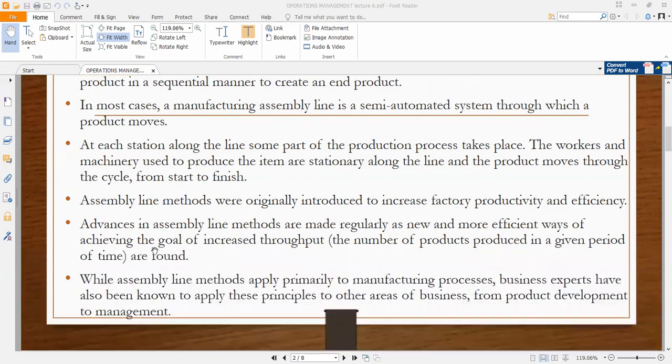Now, assembly line methods were originally introduced to increase factory productivity and efficiency. Using a system is more efficient than using the manual system where people do the work. This started a long time ago, in the 20th century, where advanced systems have regularly been used to increase the output of goods and services.